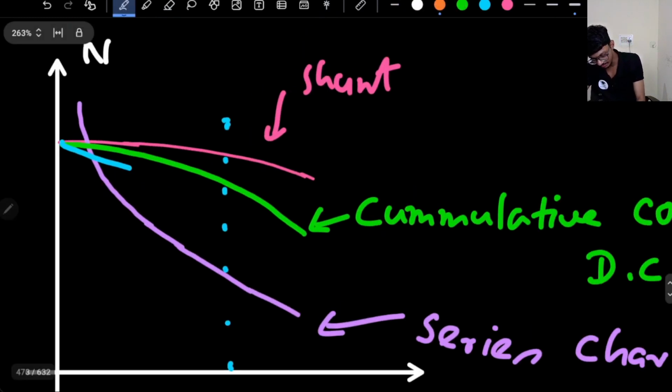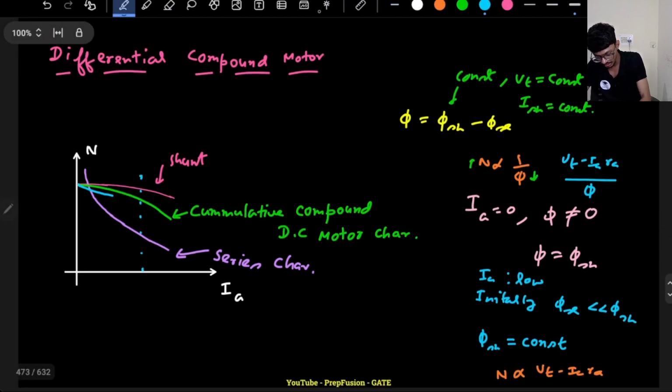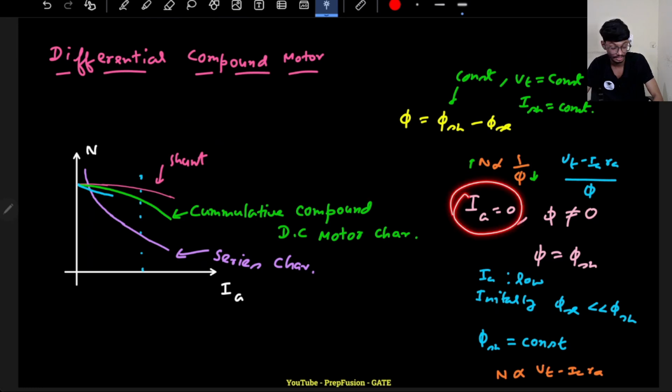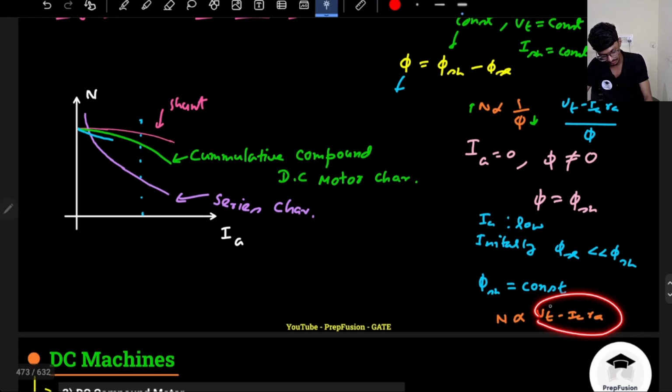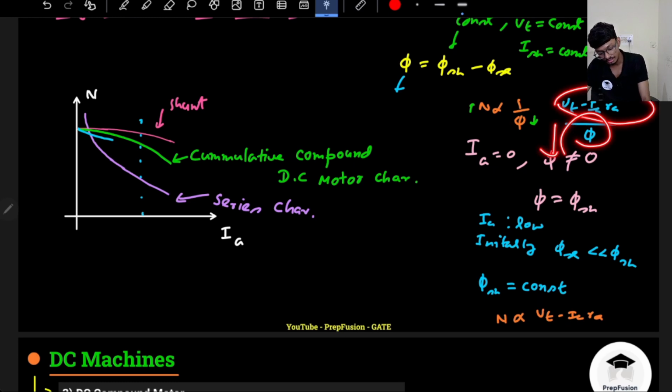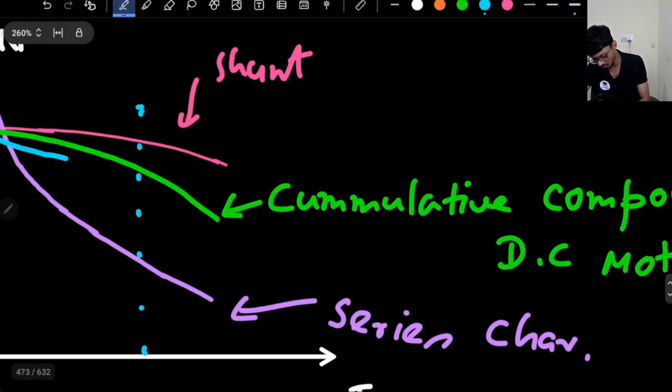Now, after a certain point, what will happen? Phi ac will not be low anymore. Phi ac will be significant because the load current has increased. Now I observe that although the numerator is decreasing, so is the denominator, and the denominator will decrease more rapidly. This numerator and denominator are what my speed depends on. So after a certain point there will be an unstable region.